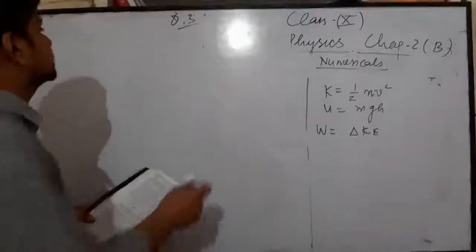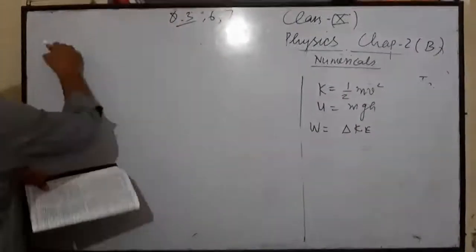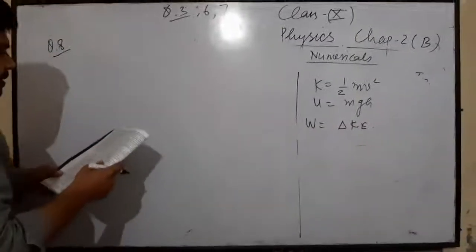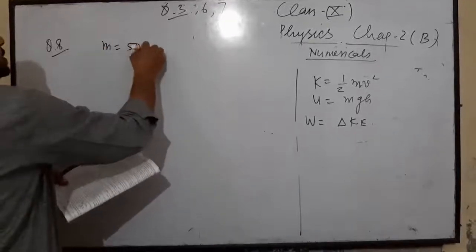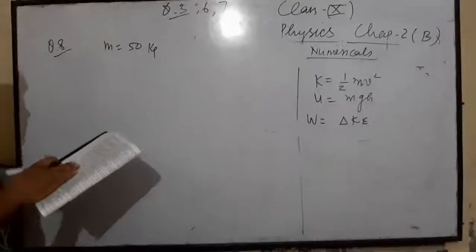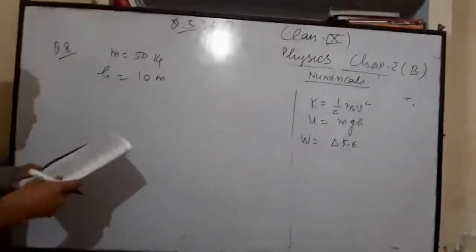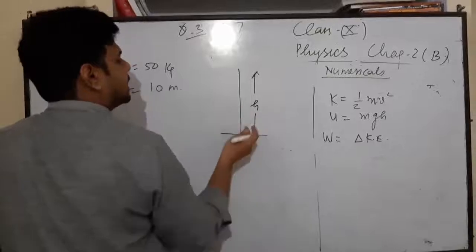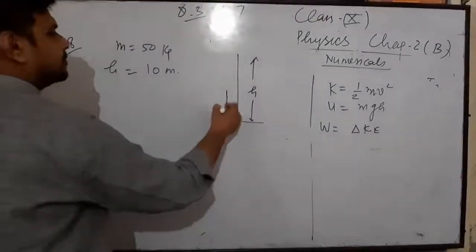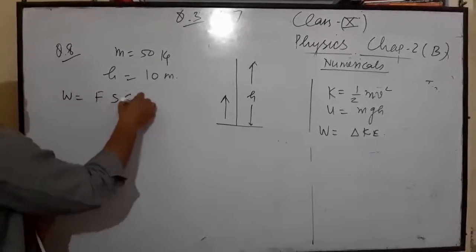Now question number 6 and 7 you will do yourself in your homework. Question number 8. A man of mass 50 kg climbs up a ladder of height 10 meter. Calculate the work done by the man. Work done, as I told you, is given by Fs cos theta.